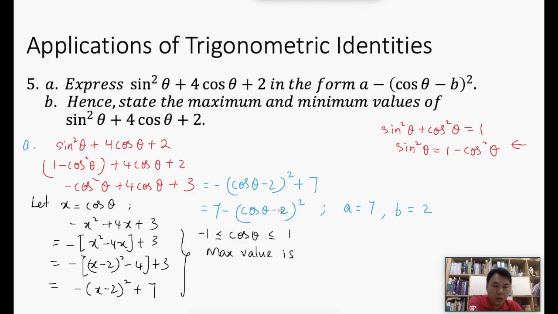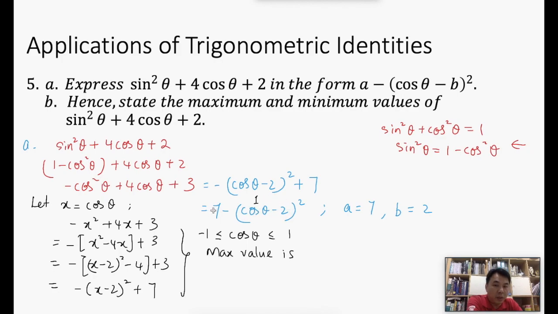So the maximum value for this is when cosine theta is equal to 1. When cosine theta is equal to 1, you will get the lowest value here. So when this is equal to 1, this expression inside the bracket will become the smallest.